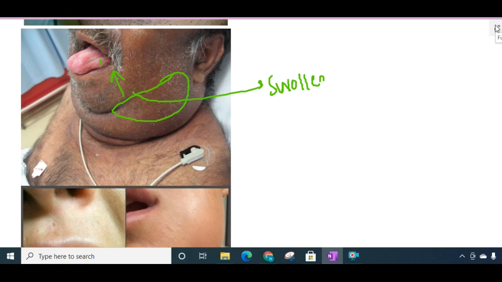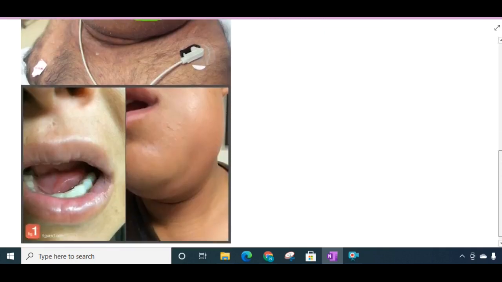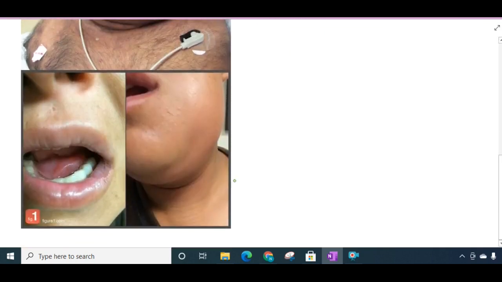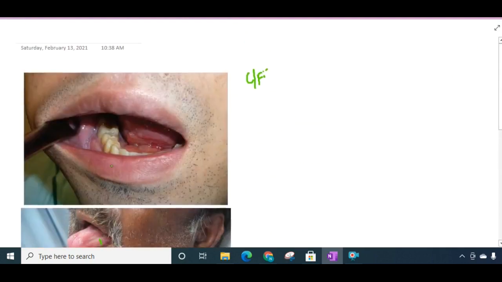When the infection spreads to the submaxillary space, submental space or submandibular space, then the swelling becomes tender, and this gives a feeling of woody feel. See here, this is the swelling which is seen in the submandibular region, and the tongue here is pushed up. Even the tongue is also swollen here, swollen internal structures, and here the tongue is pushed up.